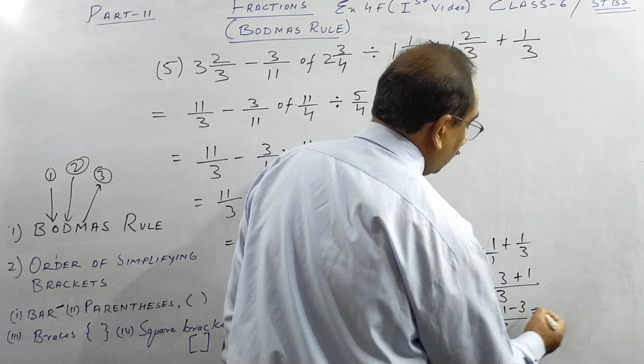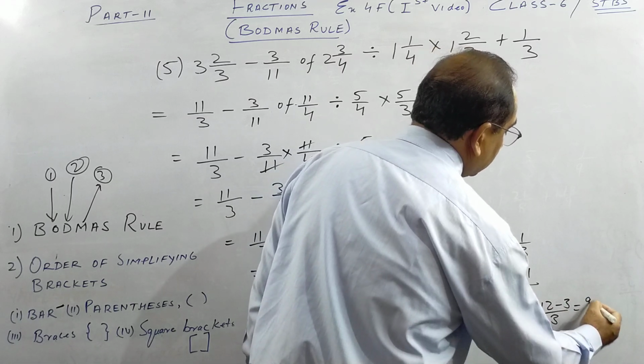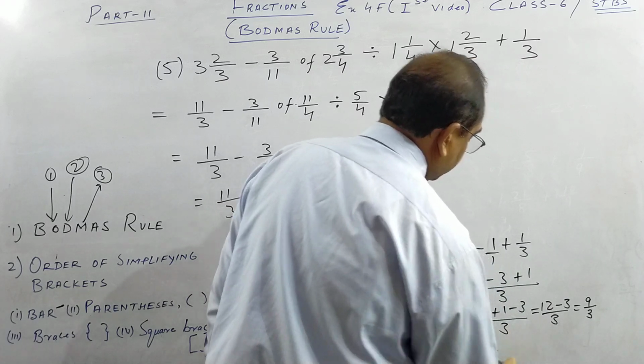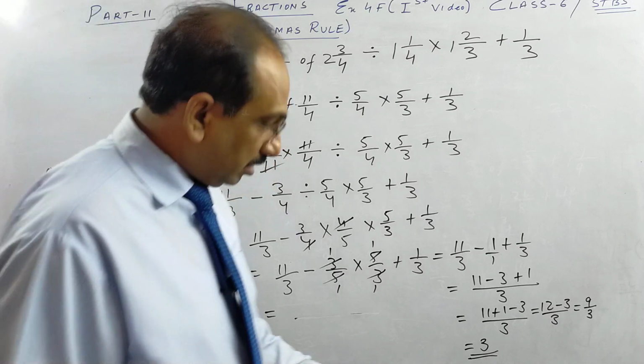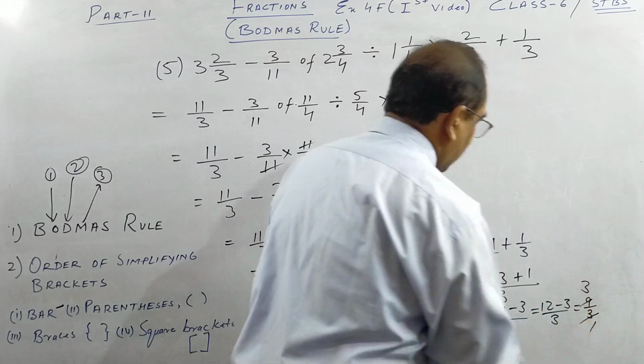So we get 12 minus 3 by 3, which is 9 by 3, which is equal to 3. See once more: 11 plus 1 is 12, 12 minus 3 is 9, and 9 by 3, if you cancel, we get 3.